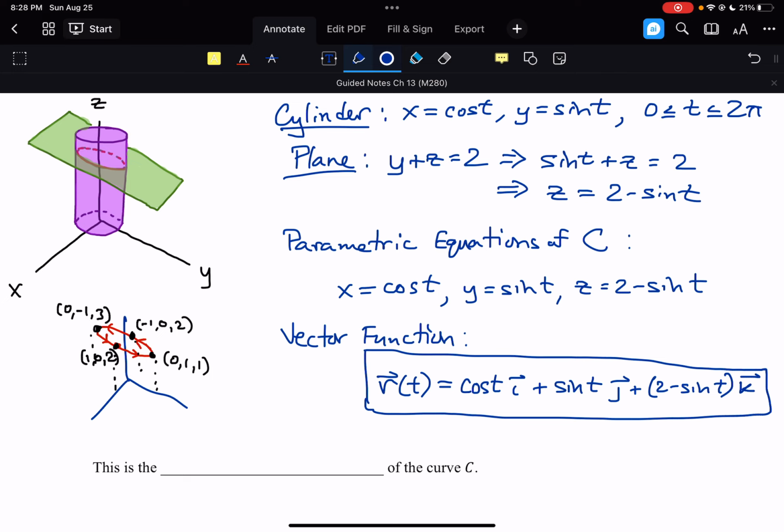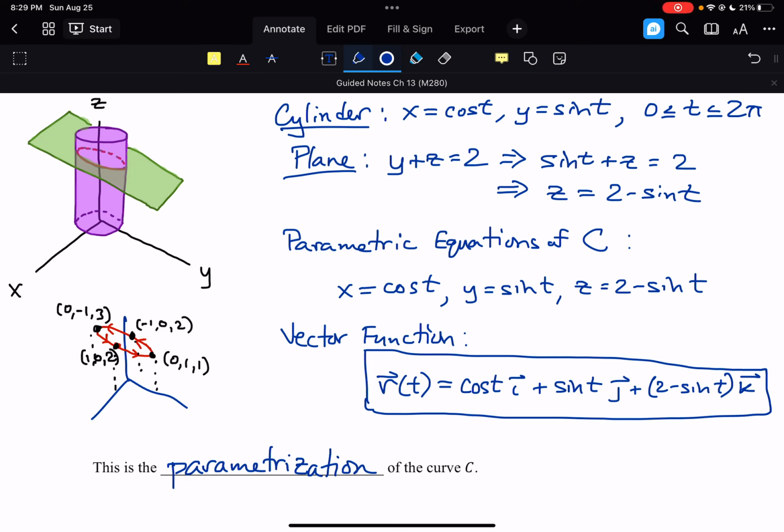So this vector function is called the parametrization of the curve C. In other words, we have put the curve C in terms of the parameter. So we have parameterized it.